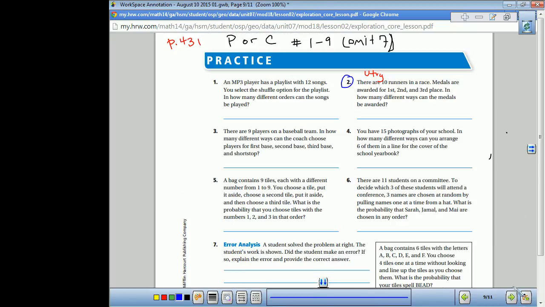Alright. What I'd like you to do is look at, on page 431, 1 through 9, except skip number 7 because it's an error analysis. All you're going to do is determine if it's a permutation or a combination. And then we're only going to work 2 of them.